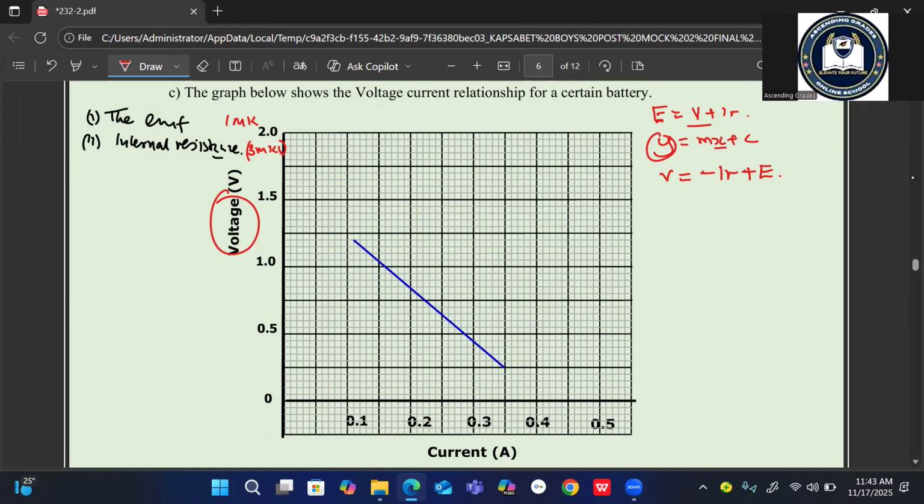The X is the content or the values in the X-axis, and in our X-axis, we have the current, this one.